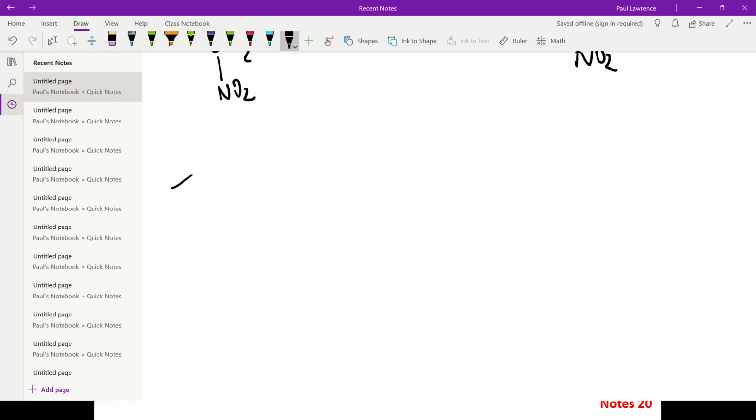So what we have is the ketone, and we see that the ketone has at least one alpha proton. So the base is going to come and abstract that proton, forming the enolate.